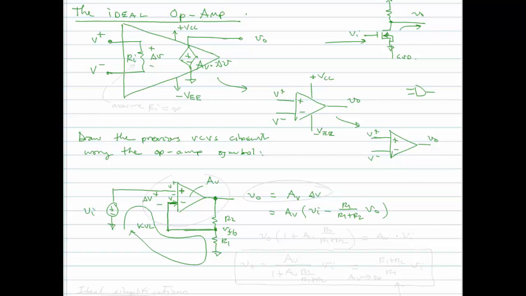And now all we need to do is to collect VO. So we'll have 1 plus AV times R1 over R1 plus R2 is equal to AV times VI, and we arrive at the same result that we had previously. So as before, this is equal to R1 plus R2 over R1 VI in the limit that AV goes to infinity.